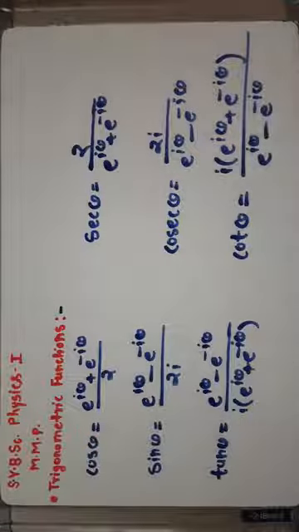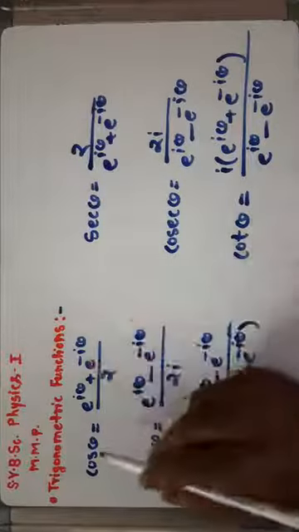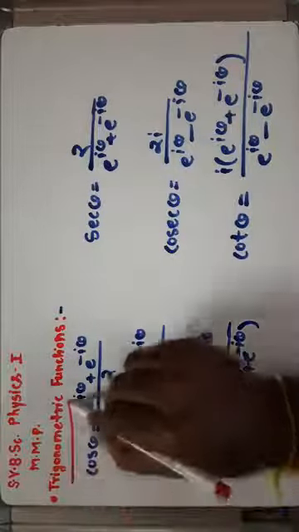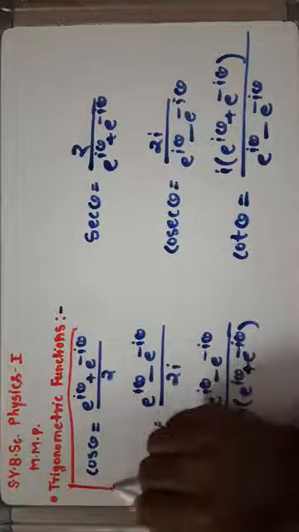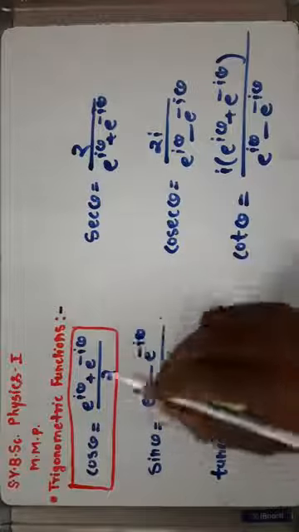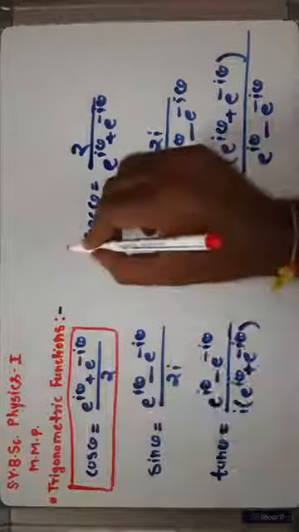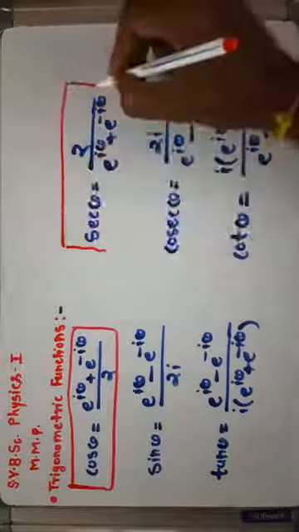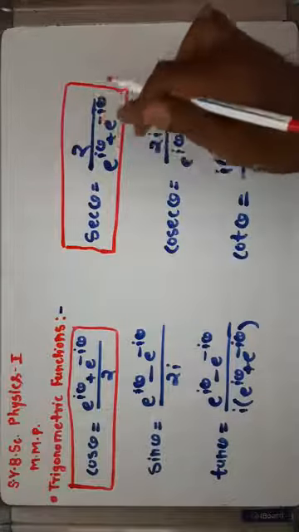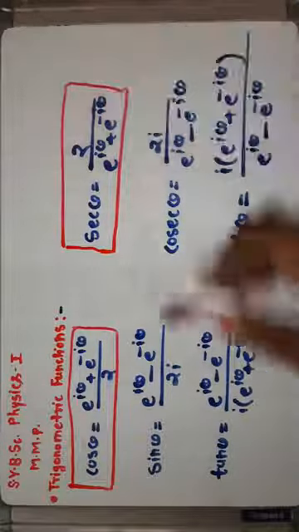Okay, that means in complex numbers, the trigonometric function cos theta is equal to e raised to i theta plus e raised to minus i theta divided by 2. Take its inverse, sec theta is equal to 2 divided by e raised to i theta plus e raised to minus i theta.